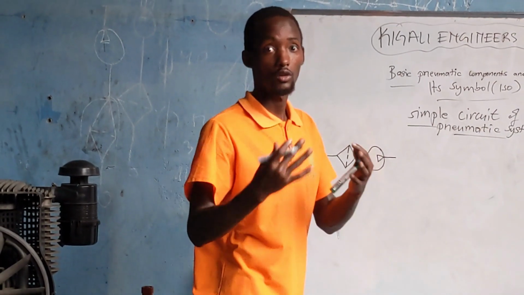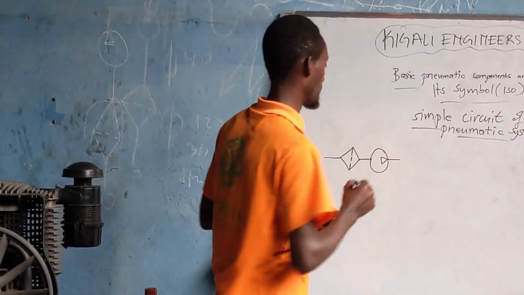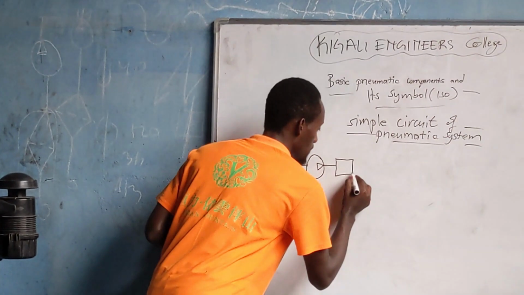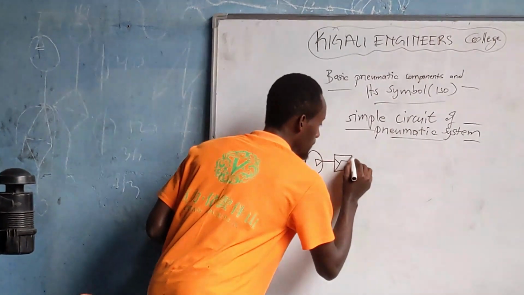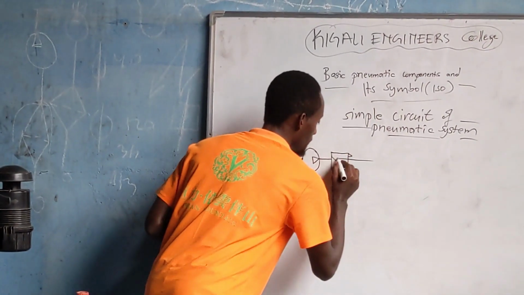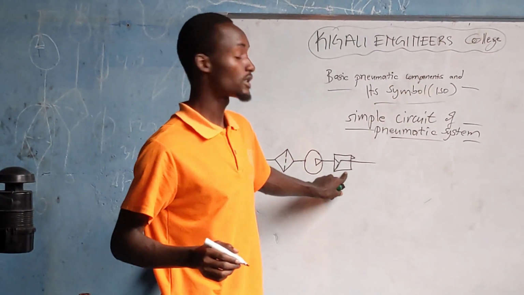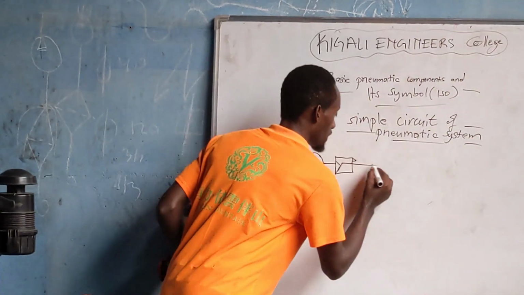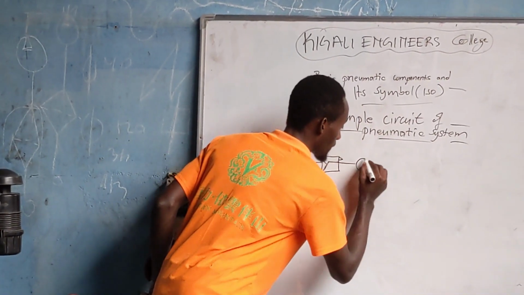Another one, because in order to regulate the pressure, you must have the pressure regulator. It is represented by this symbol. This is the symbol of the air regulator. After that there is the reservoir, the compressed air reservoir.